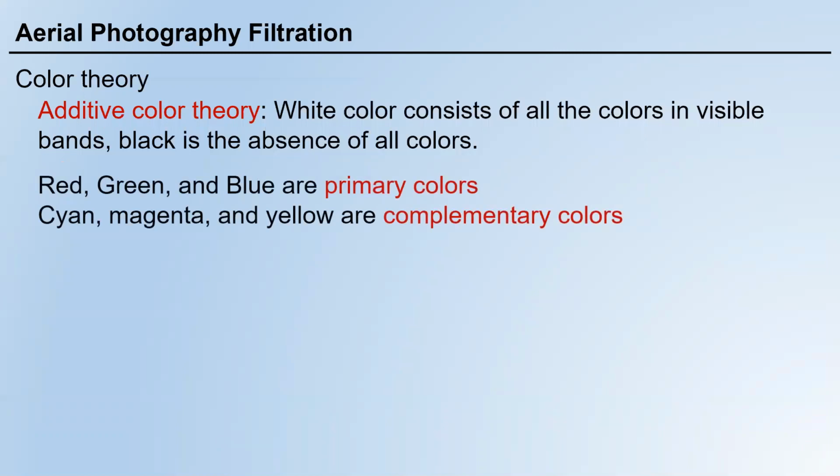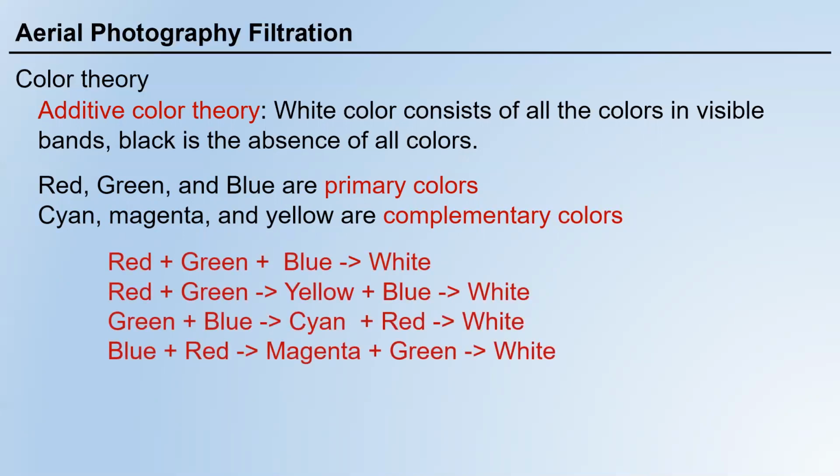So in additive color theory, red, green, and blue, RGB, are called primary colors, and other colors can be produced by combining these three primary colors. On the other hand, cyan, magenta, and yellow are called complementary colors. Cyan, magenta, and yellow are complementary colors of red, green, and blue, respectively.